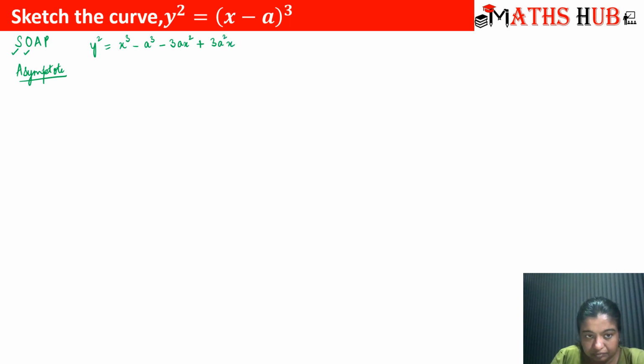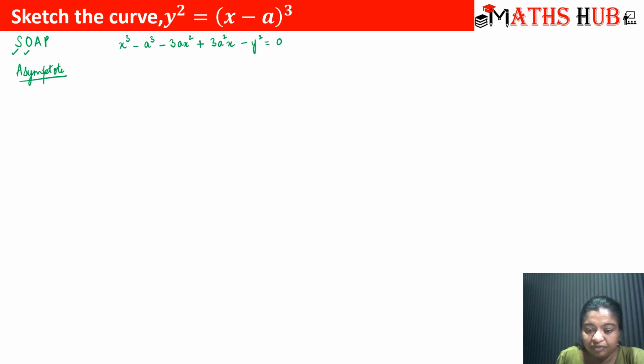Now, if I rearrange the terms, I can take y square on the other hand and write it as minus y square equal to 0. To get a horizontal asymptote, I have to equate the highest coefficient of x cube, which is 1, which will not give me anything. And if I equate the highest coefficient of y, it is minus 1, and again it will not give me anything, right?